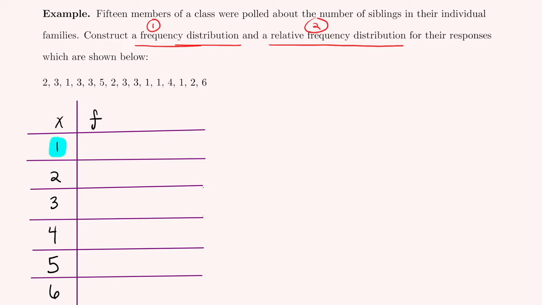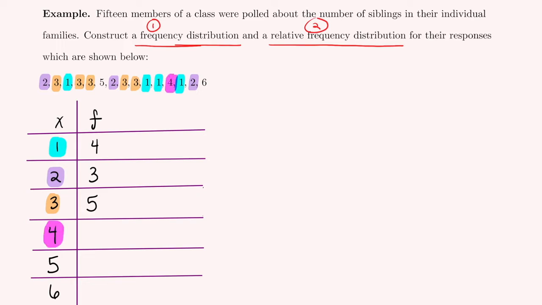The item 1 occurred 1, 2, 3, 4 times, so its frequency is 4. The item 2 occurred 1, 2, 3 times, so its frequency is 3. The item 3 occurred 1, 2, 3, 4, 5 times, so its frequency is 5.